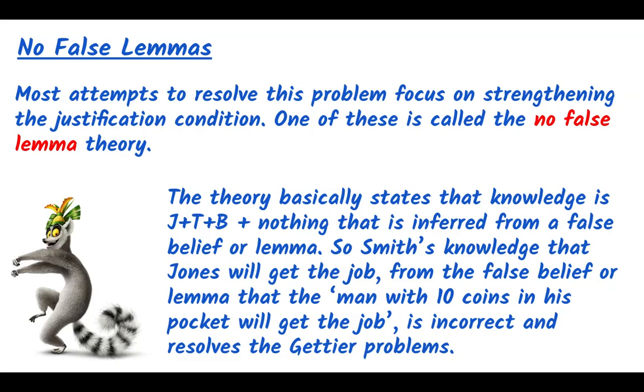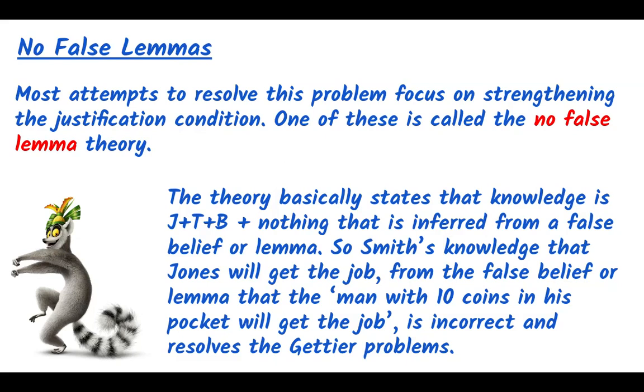So in the Gettier problem, where he talks about Smith and Jones and the job interview, Smith's inference that Jones will get the job from the false belief, or lemma, that the man with 10 coins in his pocket will get the job, basically leads to poor knowledge.